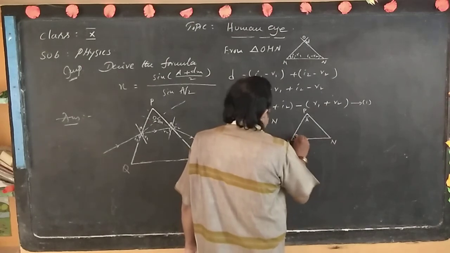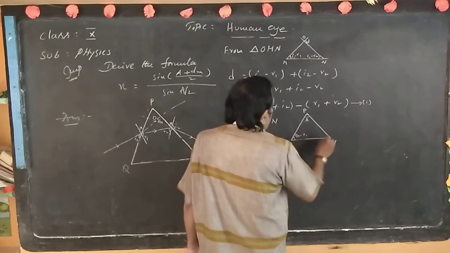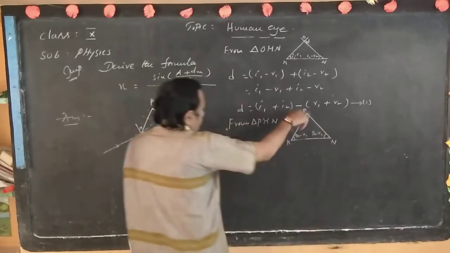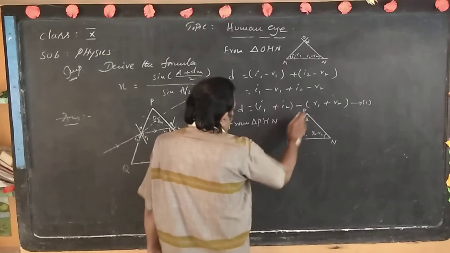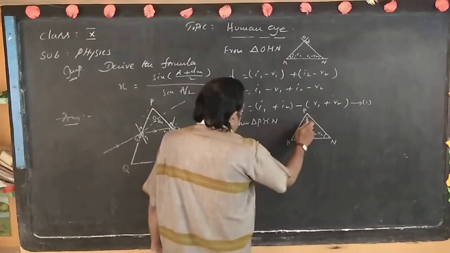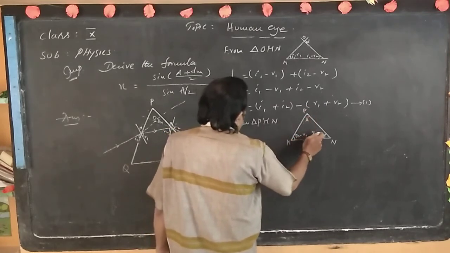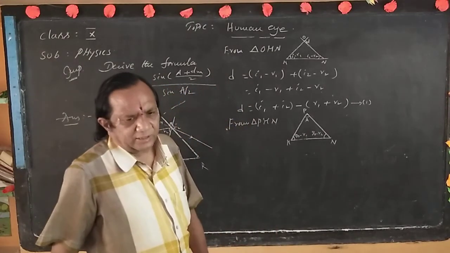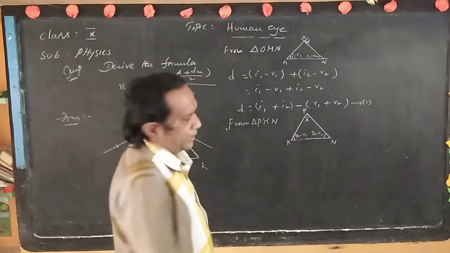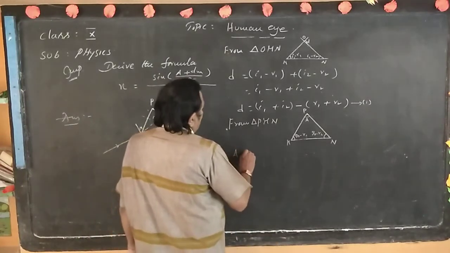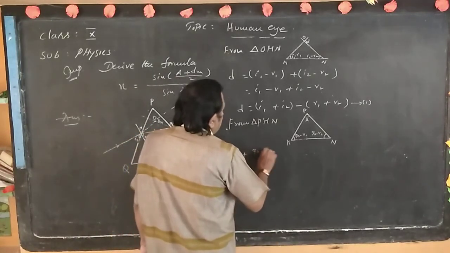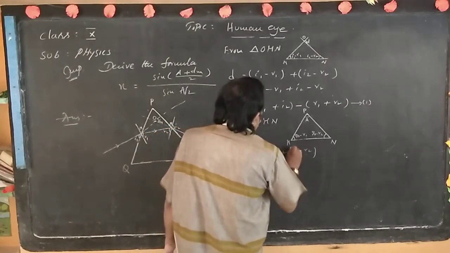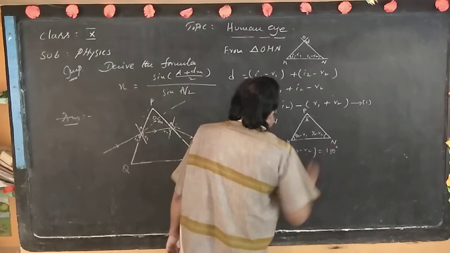Here the angles are 90 minus R1 and 90 minus R2. So the total is A plus 90 minus R1 plus 90 minus R2 equal to 180 degrees.